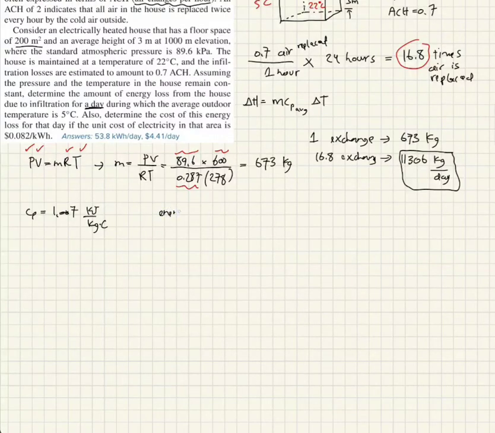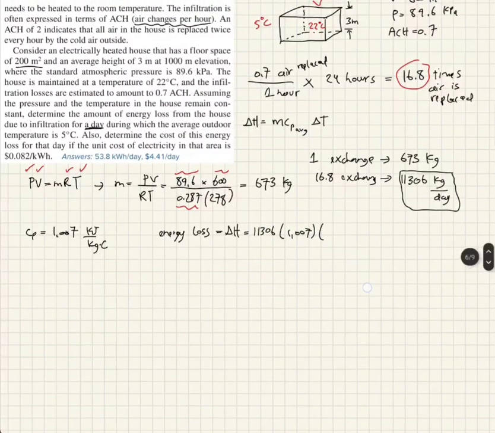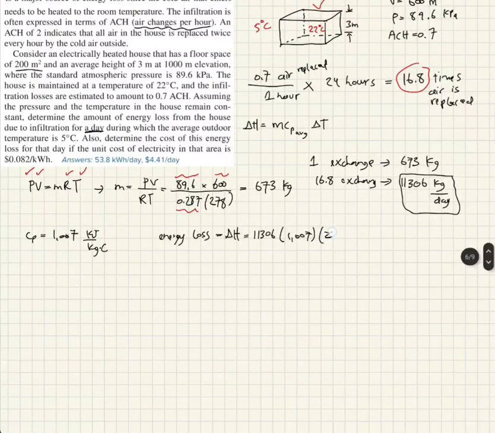The energy loss is 11,306 times 1.007 times the difference in temperature, which is 22 minus 5. That gives us the total energy loss in one day.